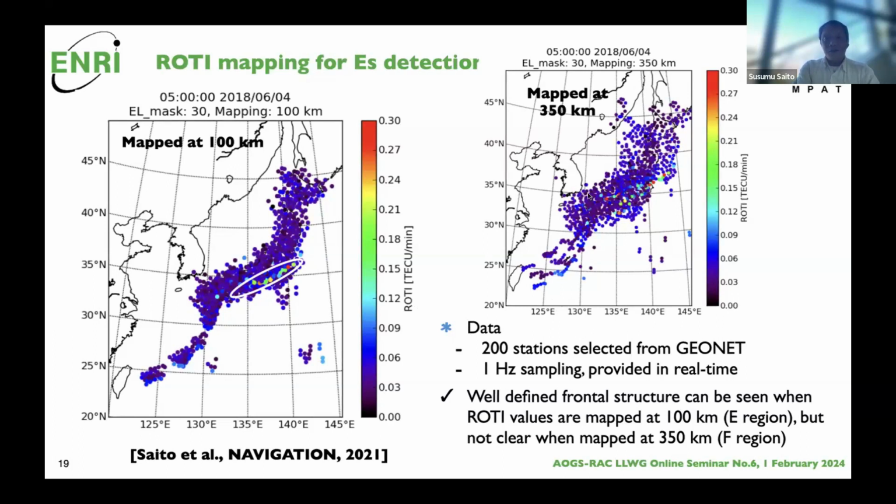But if we map at the 350 kilometer or F region height, the structure is not seen, and the LOTI enhanced regions are scattered. So it strongly suggests that the disturbance or irregularity causing the LOTI enhancement is around 100 kilometers.